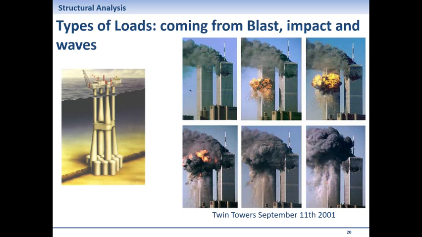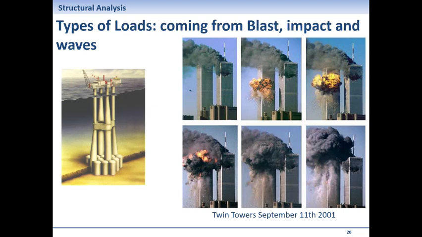Wave, if you are designing an offshore building, then waves are one of the loads that you need to estimate and calculate and then design the structure for. Impact, blast, you don't design a residential house for impact coming from an airplane.